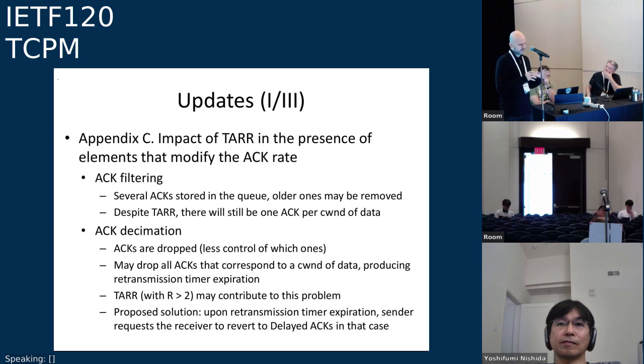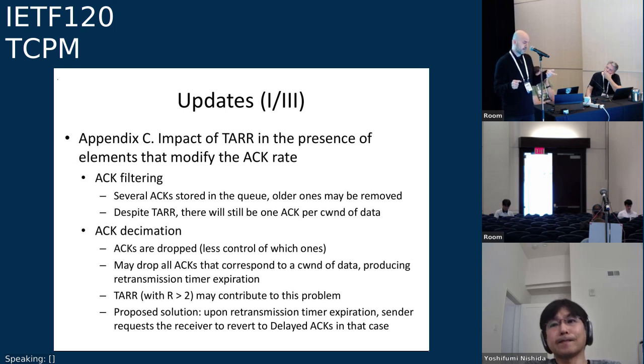However, there's ACK decimation, where ACKs are dropped, but with less control over which ones are dropped. So in this case, ACK decimation may drop all the ACKs that correspond to a congestion window of data, producing a retransmission timer expiration.